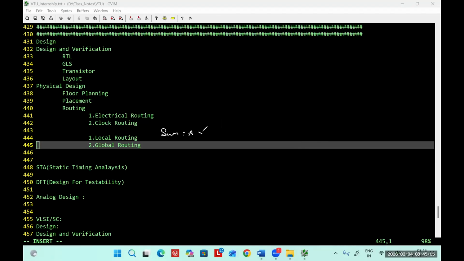On day one itself, if you remember, I said very clearly: Sum equals A XOR B XOR C, carry equals AB plus BC plus CA. Now you need to answer this one.